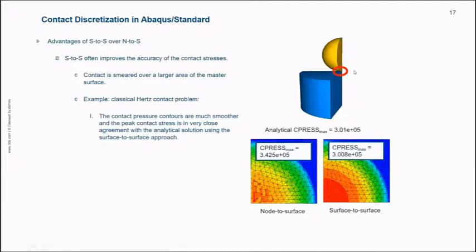This kind of situation has an analytical solution from the theory of linear elasticity, and you can calculate that. You can see that the surface-to-surface algorithm is very accurate, and it's also producing a nearly axisymmetric stress distribution for the contact pressure, which is what you would expect. The node-to-surface is kind of ragged looking, and not nearly as nice as the surface-to-surface.